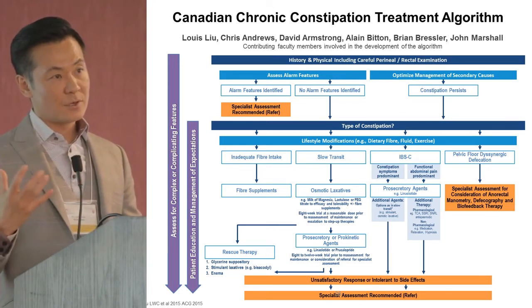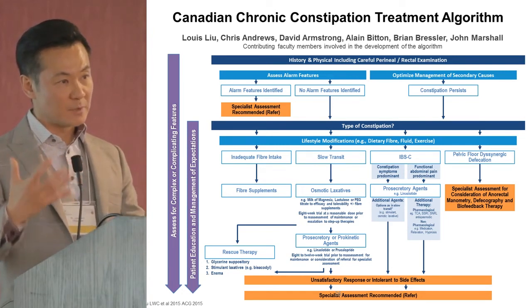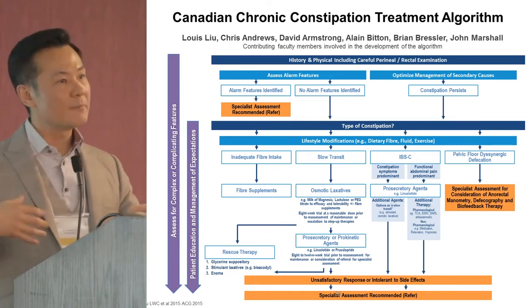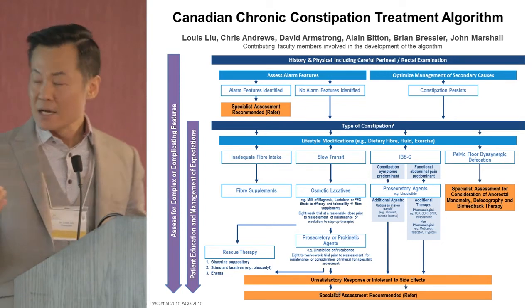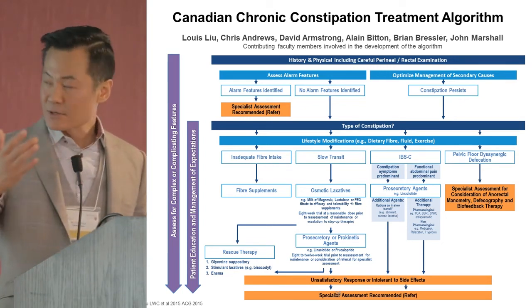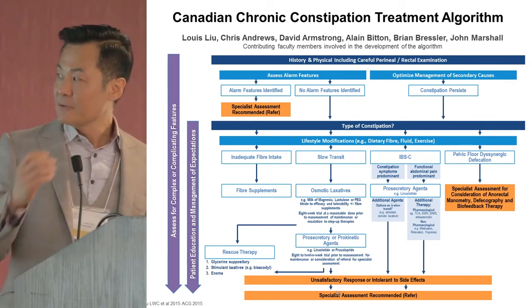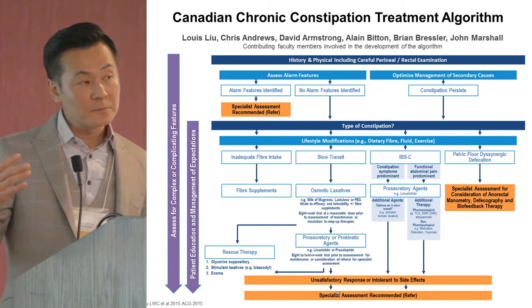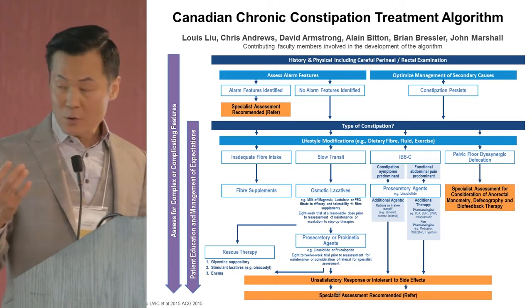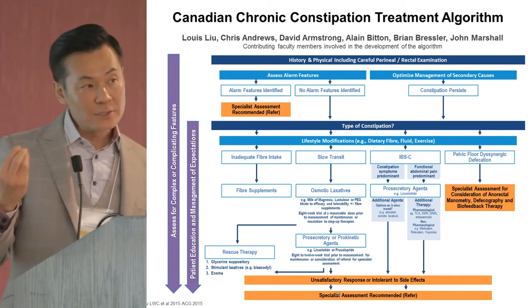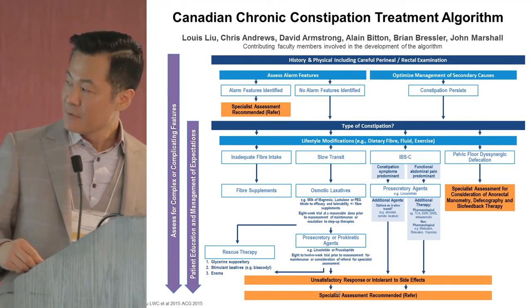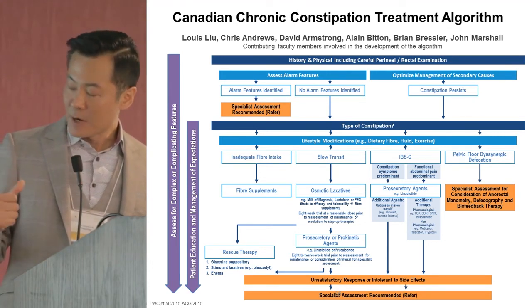Stool is the residual of what we have in the lumen from digestion and the turnover of the epithelial cells, the lining of the gut. So you need the fiber to create that transit and to have the stool bulk. Then if the transit is not going adequately or is slow, we would increase the weight by giving an osmotic laxative and/or a prokinetic, and I have some options there.